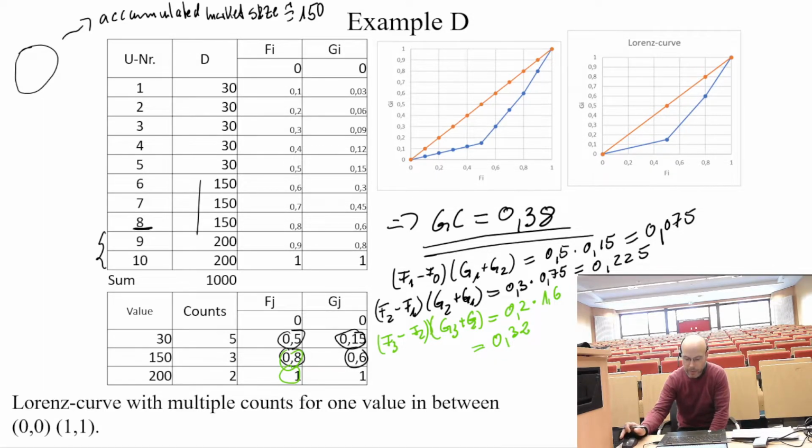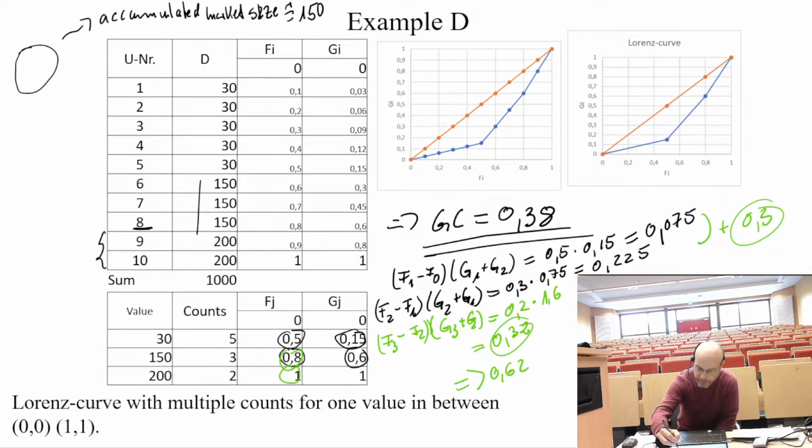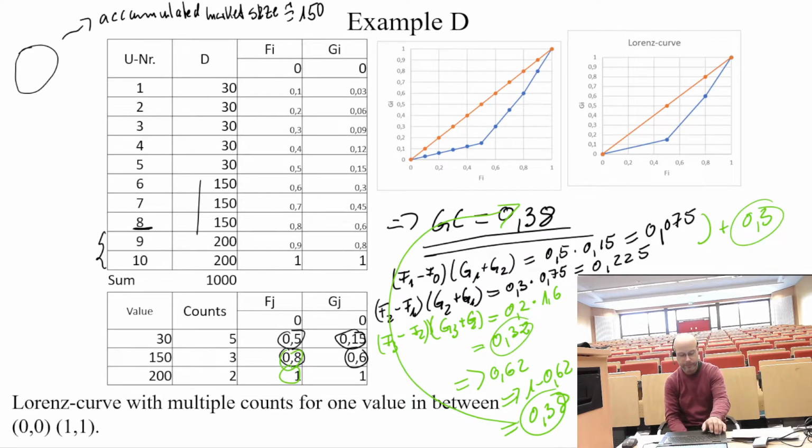And if we sum up all this, 0.75, so this together is 0.3, and then this and this together is 0.62, and then we have 1 minus 0.62, which is fortunately 0.38, which we have also here.